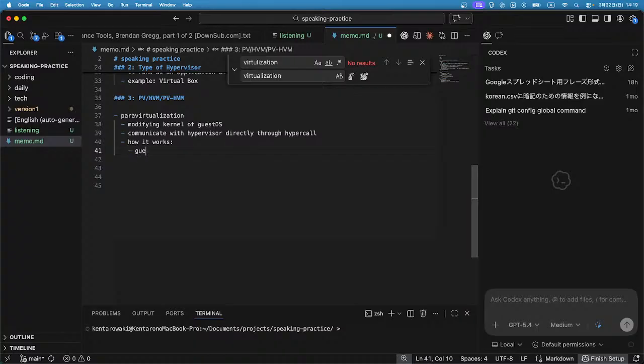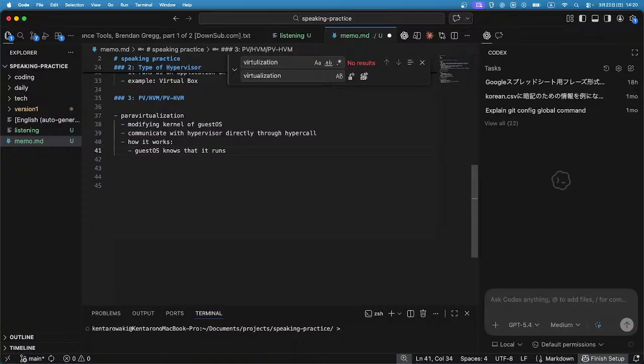First, the guest OS knows that it runs on the hypervisor.